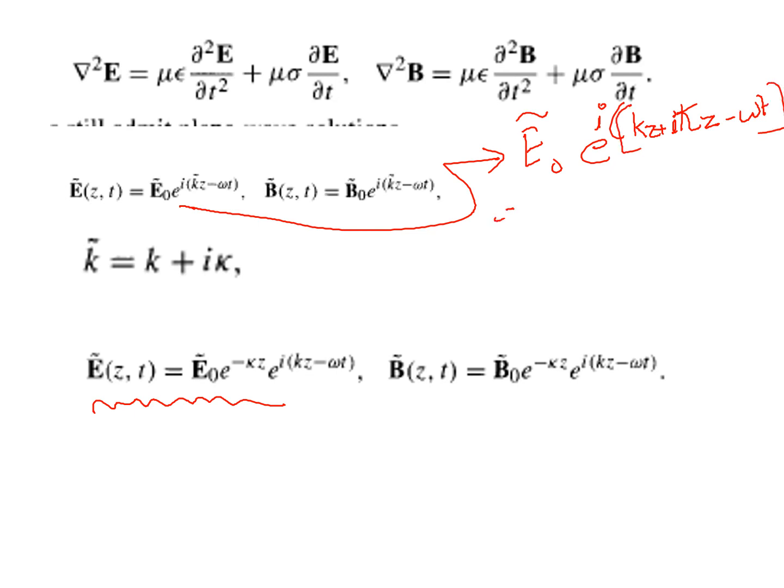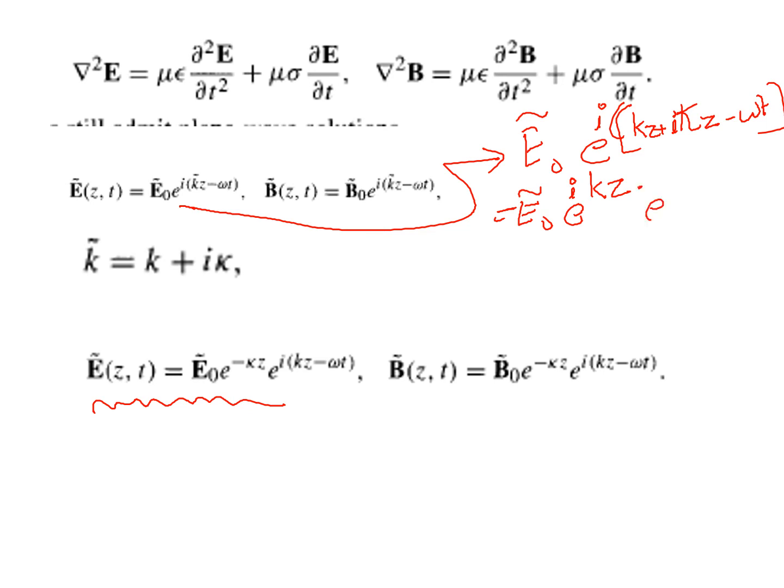Now expanding this, it will be E0 complex exponential i k z, just taking i into the terms.